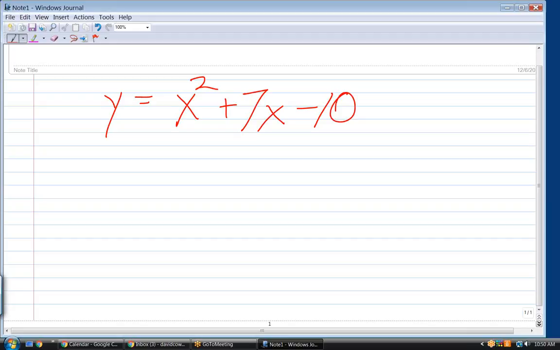The points you're almost always going to need are the vertex and the x-intercepts. Let's figure out the vertex. The easiest way, when you get something in standard format, is to use this: the x-coordinate of the vertex is equal to minus b over 2a.